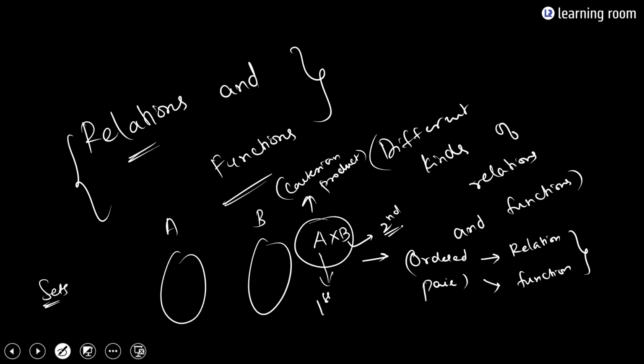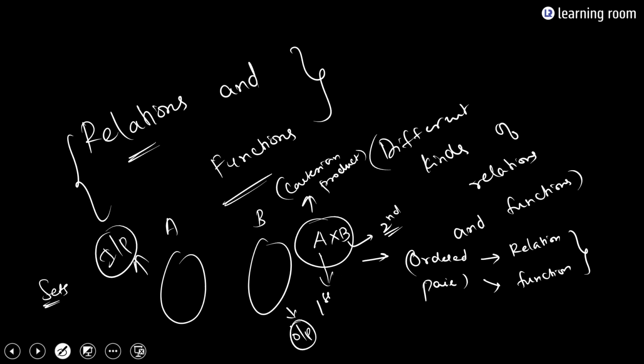The set of first elements, can I call it the input set? Because this is where we are taking the values and giving them to a function. And what is the output set going to be? That is B. This is going to be the output set.